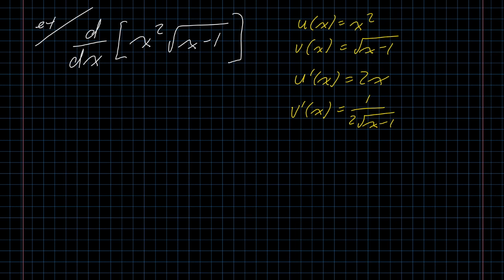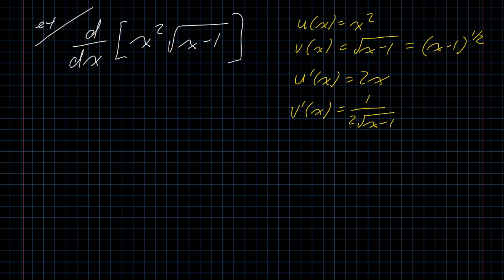All right, if you're not confident on those, take a couple of minutes using the product rule and actually even using the chain rule. Right? Square root of x minus 1, I'm going to rewrite as x minus 1 to the 1/2 power. So it's 1/2 times x minus 1 to the negative 1/2 times the derivative of x minus 1, which happens to just be 1.